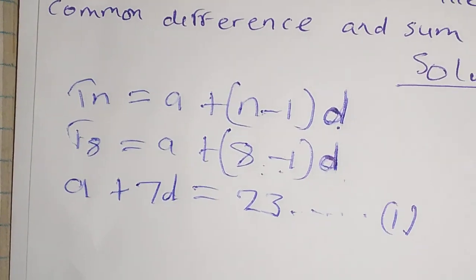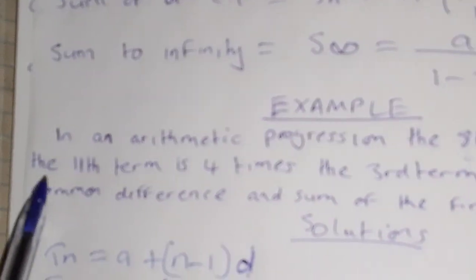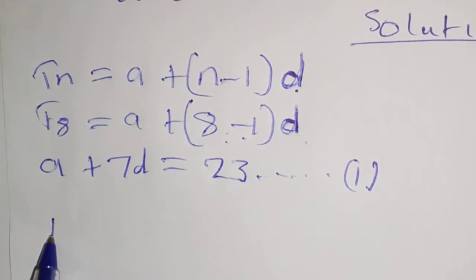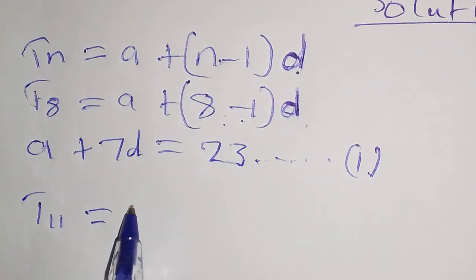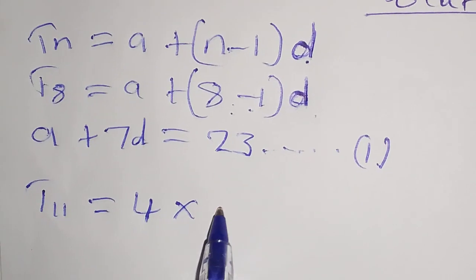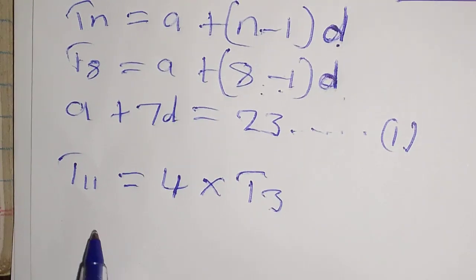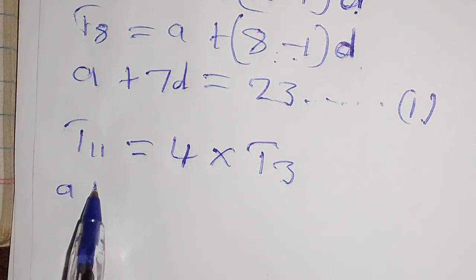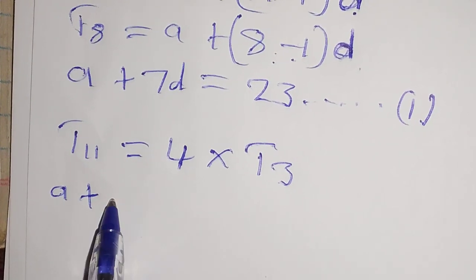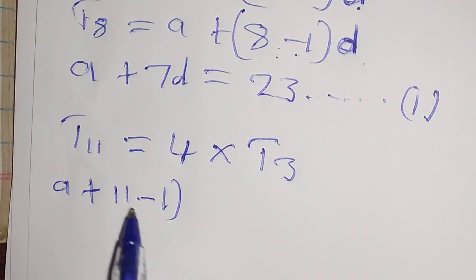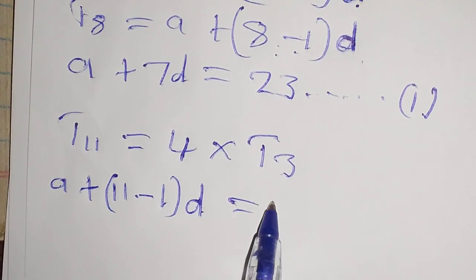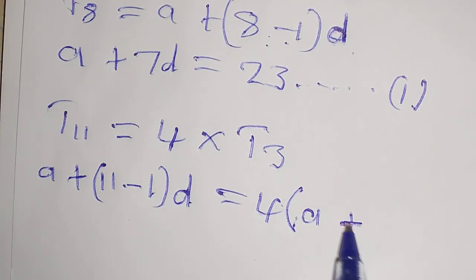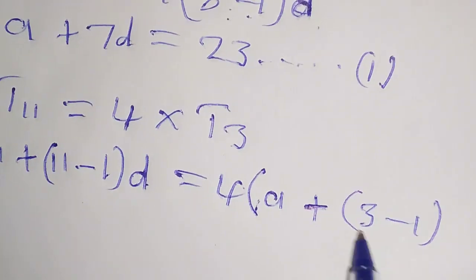Then let's go in here. The 11th term is 4 times the third term. So T11 is equal to 4 times T3. For the 11th term, where there is n, you put 11, so a plus (11 minus 1)d is equal to 4 times the third term, which is a plus (3 minus 1)d.